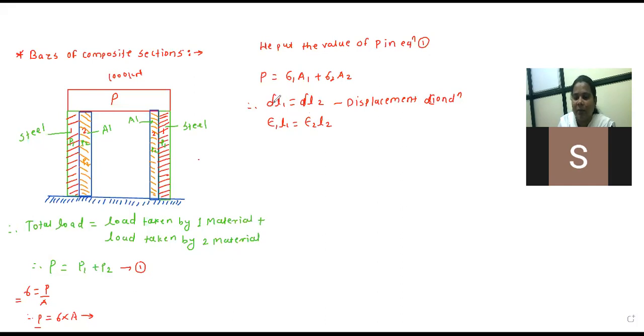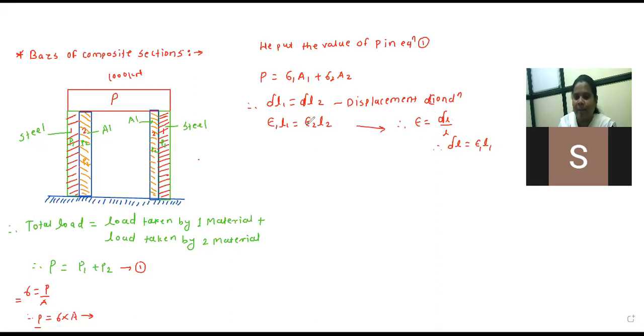Del L1 means change in length, and epsilon 1 means strain. How to find that? Epsilon is equal to change in length upon original length. From that, del L is equal to epsilon into L, that is epsilon 1 L1. That's why I have written here.